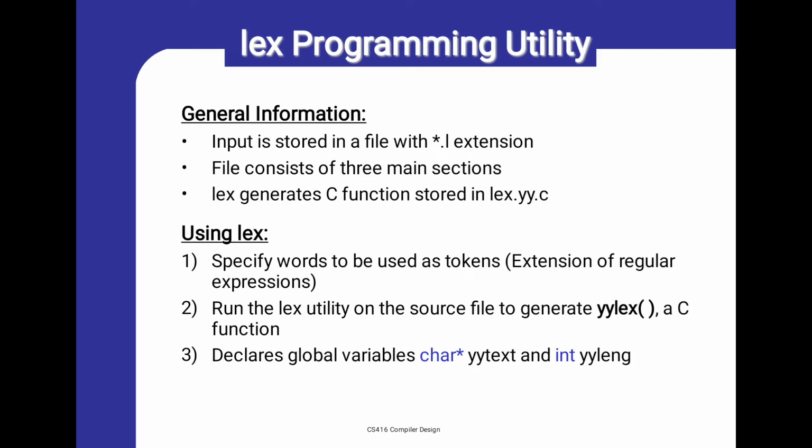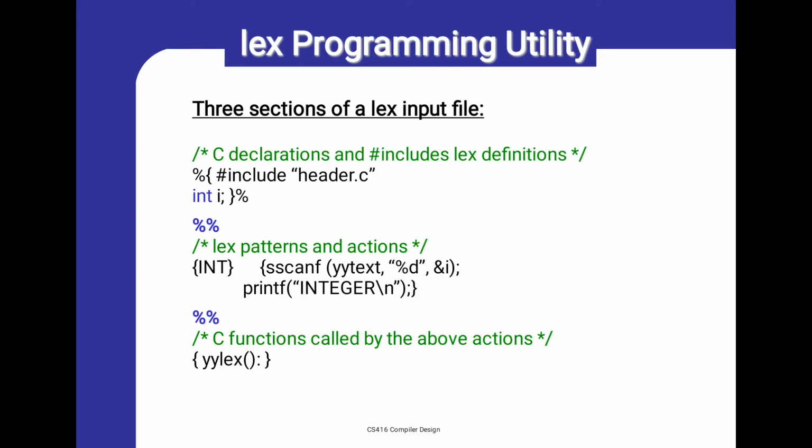The Lex specification file stores the regular expressions for the tokens, and the lex.yy.c file consists of the tabular representation of the transition diagram. So, using Lex, we specify the words to be used as tokens as regular expressions, and run the Lex utility on the source file to generate yylex, a C function, which uses the global variable yytext and register.